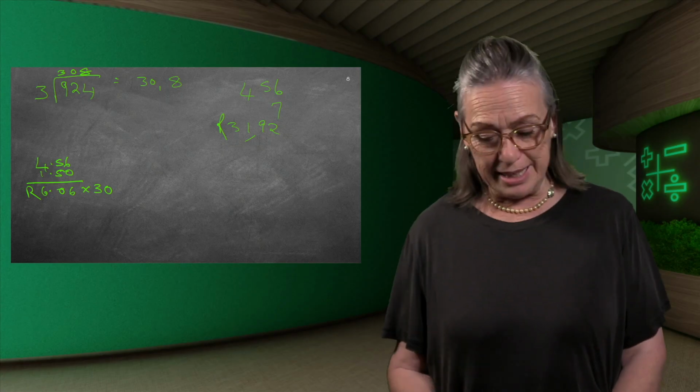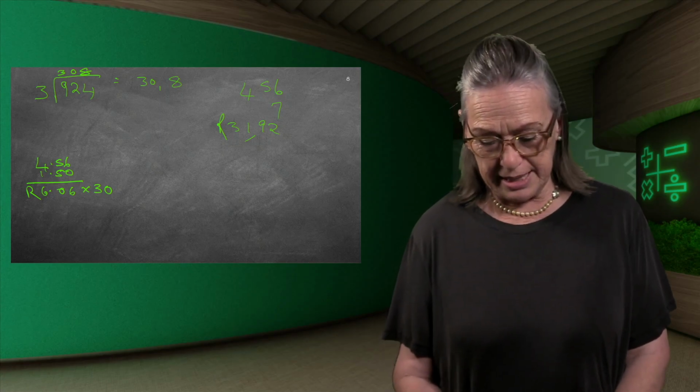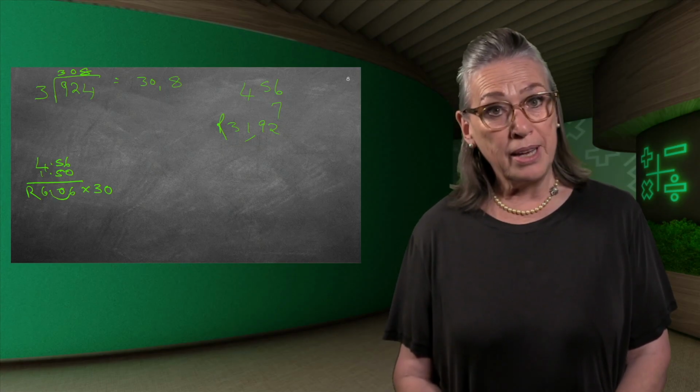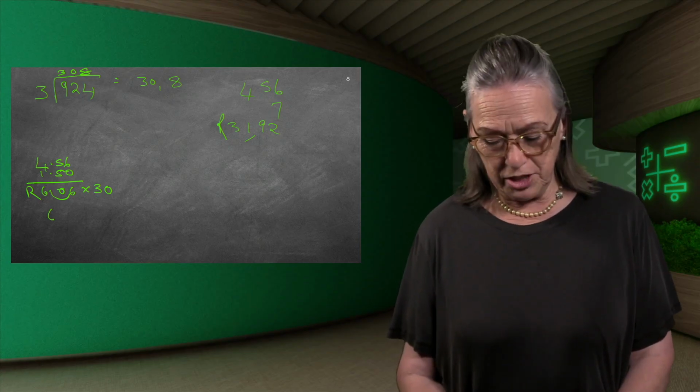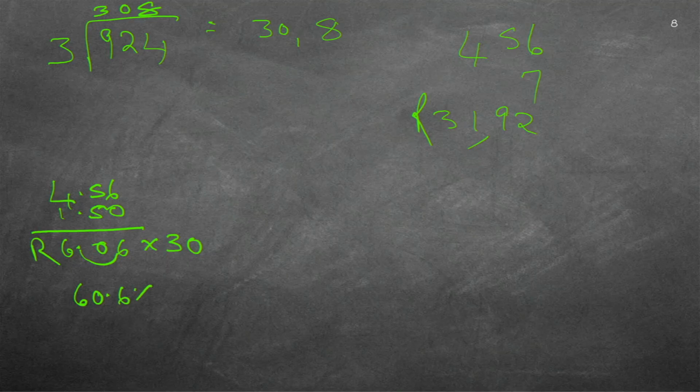So we can do it this way. We can say 6.06, we can move our decimal point to 60.6 and we can times 3. And our answer then will be R181.80.